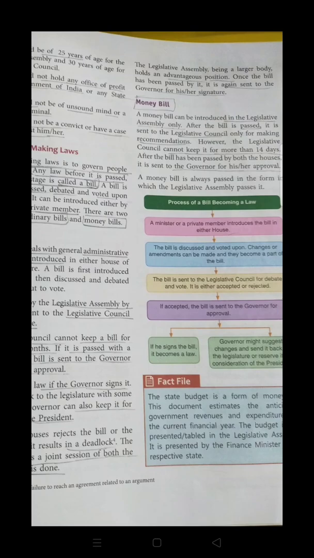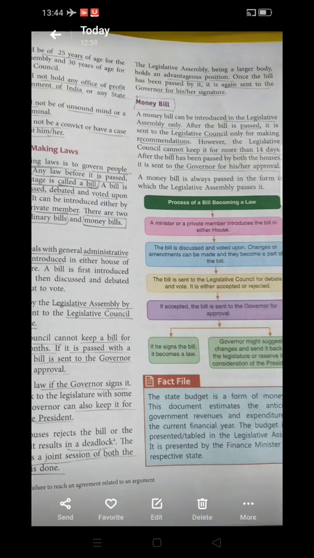If the governor finds that something is missing in the bill to become a law, it is possible that the governor sends it back to that house and asks them to reconsider it, or the governor has the authority to keep that bill with him for the recommendation or consideration of the president. Okay, after that any bill becomes a law.